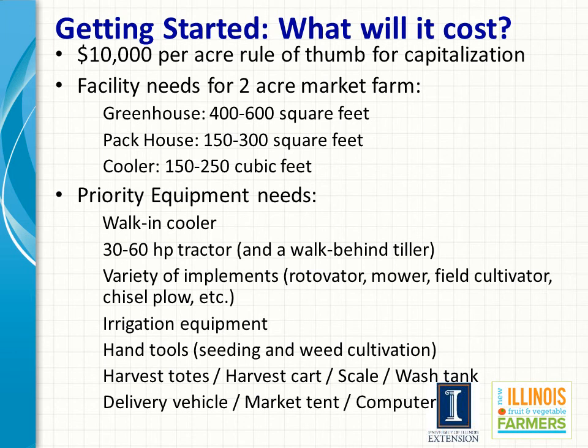An interesting ratio to track over time is the gross sales of your farm to the capital investment. In other words, the capacity or efficiency of your farm's tools, equipment, and facilities to generate income. This can lead to a more careful analysis of return on investment. This slide emphasizes or summarizes the $10,000 per acre capitalization rule.